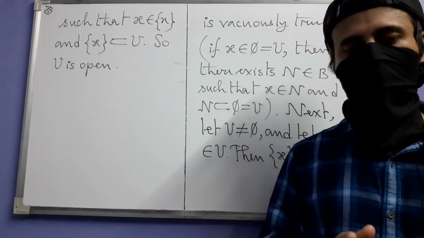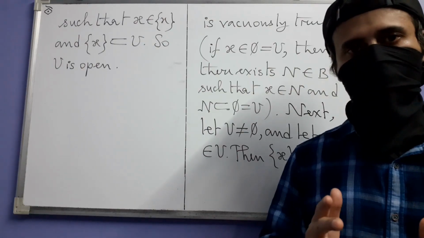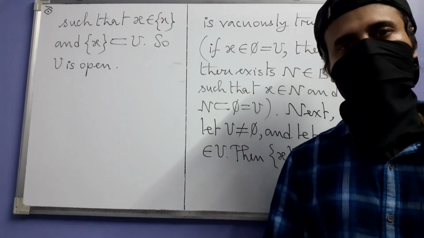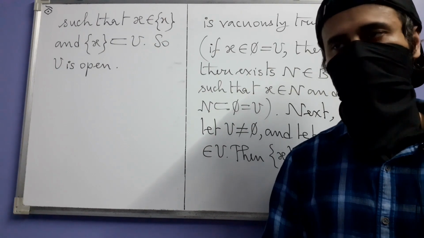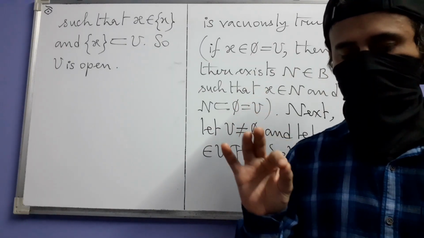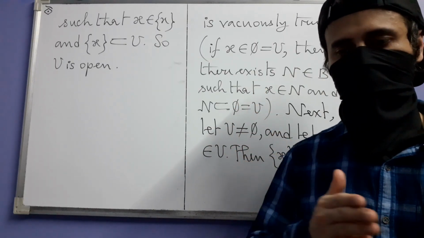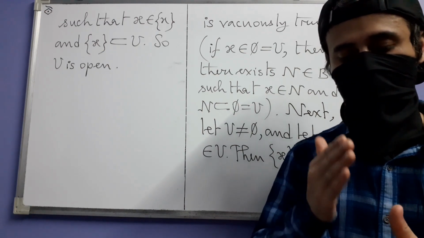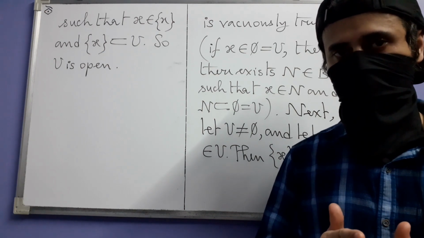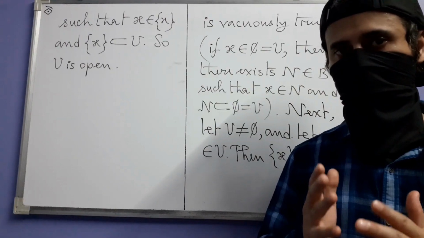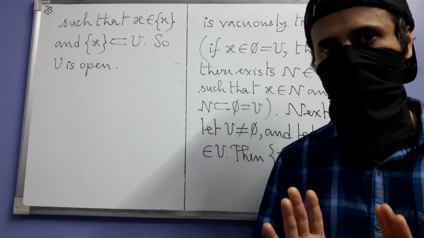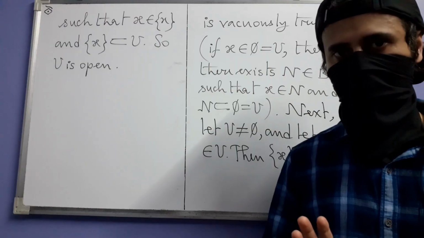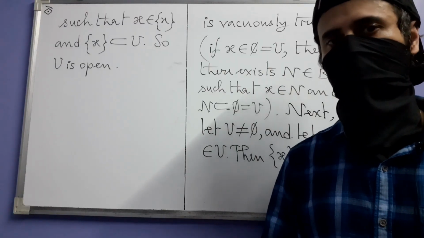Any open set will be a union of some basis elements. That's what it is. Just like any vector in a vector space is a linear combination of basis vectors, in this case any open set in a topological space is going to be a union of basis elements. Not necessarily finite union, but a union of basis elements.